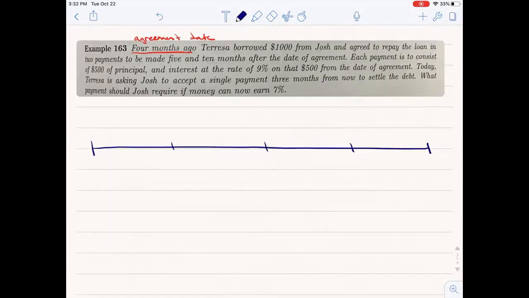What we've got is 4 months ago, and then we've got today on here. The next tick is going to be the 5 months from the agreement date. 5 months from 4 months ago is only 1 month from today.